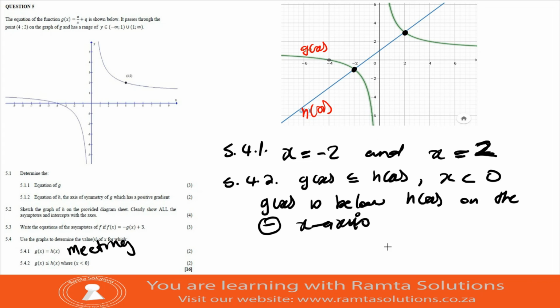So we should say, remember, they said it's less or equal to, so this is when x is greater or equal to minus 2, but less than 0. I'm saying less than because the graph will never touch x equals 0. Okay? So this is how you answer the questions.